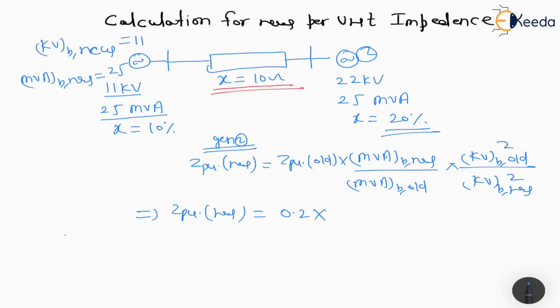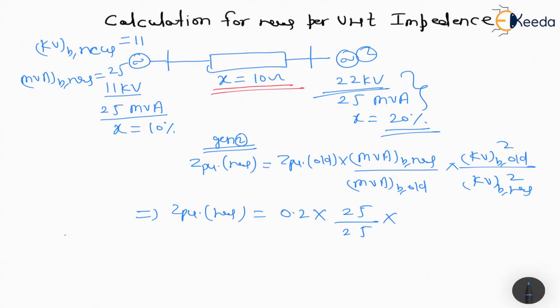So 0.2 into MVAB new, which we have chosen as 25, upon MVAB old, which is also 25, into KVB old. KVB old has been given as 22, because the 20% has been given on 22 kV base voltage and 25 MVA base power. Now we have to find it on 11 kV base and 25 MVA base.